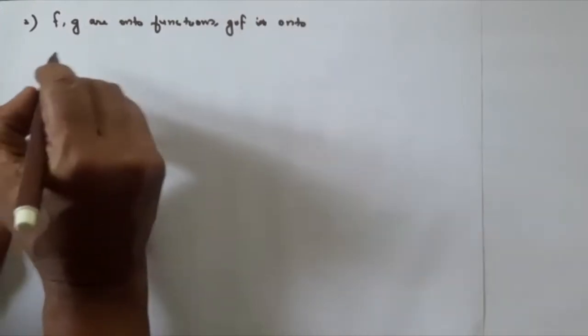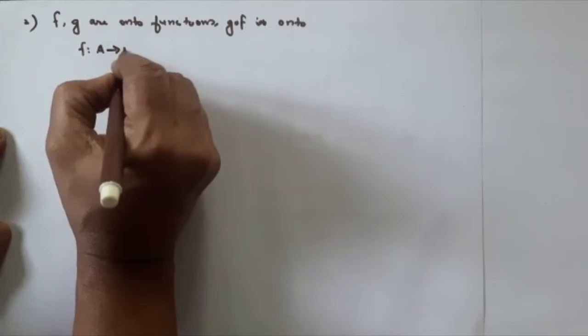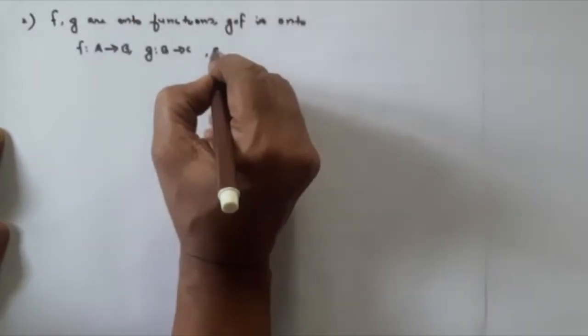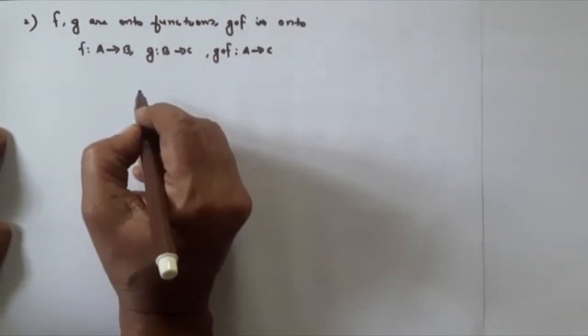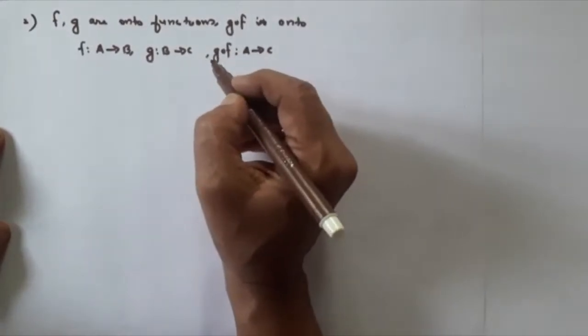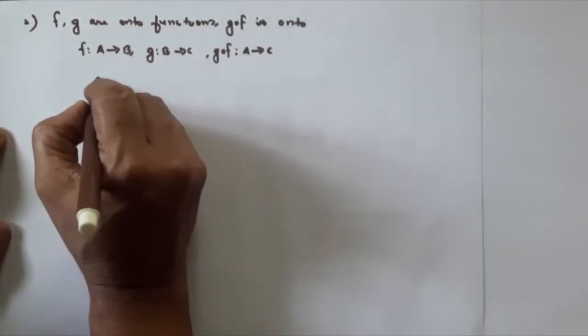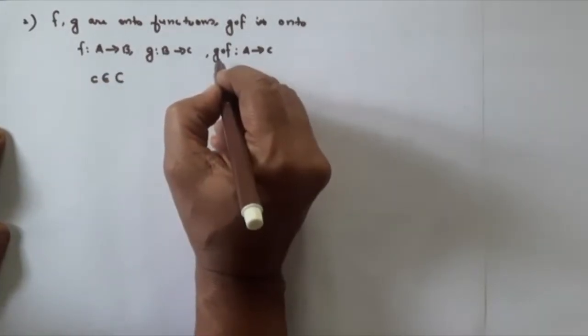Let us prove this. Consider f from A to B and g from B to C. Then what about g dot f? g dot f is a function from A to C. In order to prove that g dot f is an onto function, you take a small c belonging to capital C, which is the codomain of g dot f.